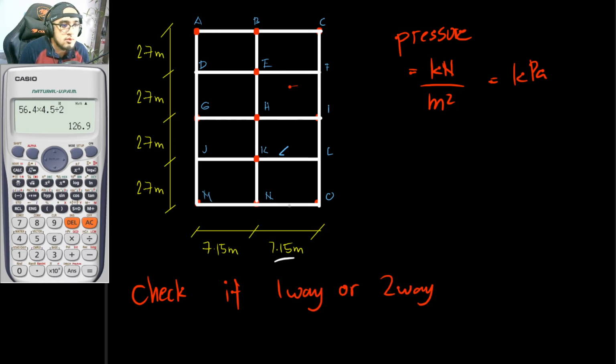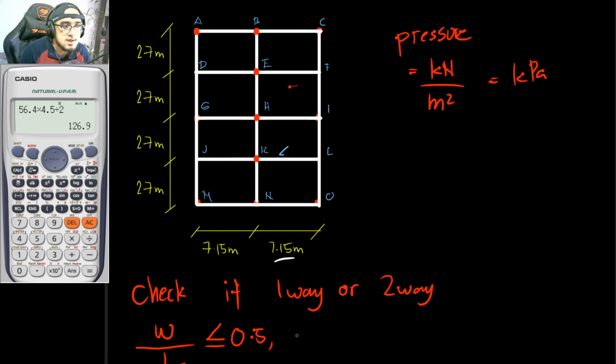So once again, what we will be doing is dividing the short span by the long span, and we will be comparing it with 0.5. If it is less than or equal to 0.5, then it is one way. And if it is the other way around, two way siya. So okay, check natin to.